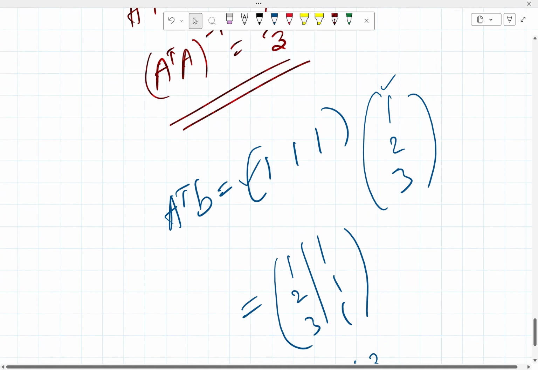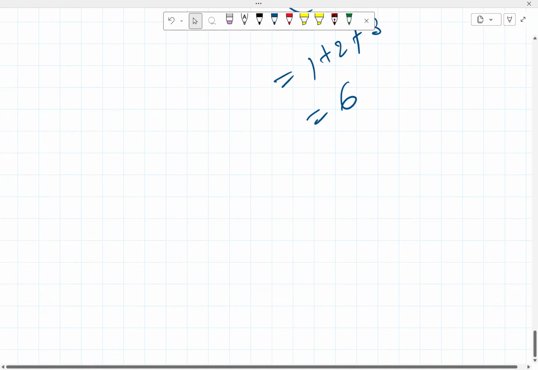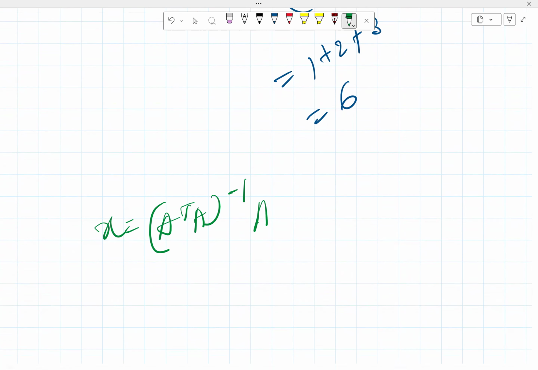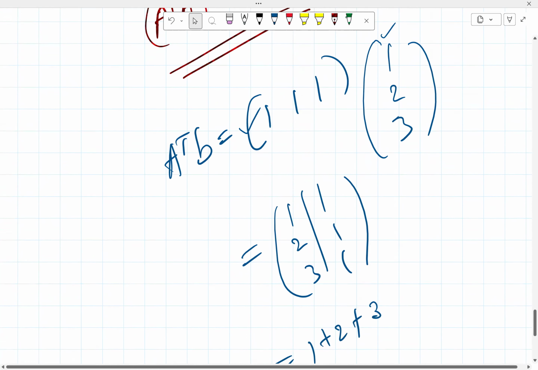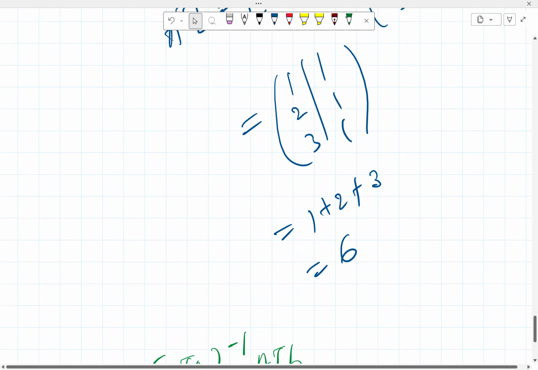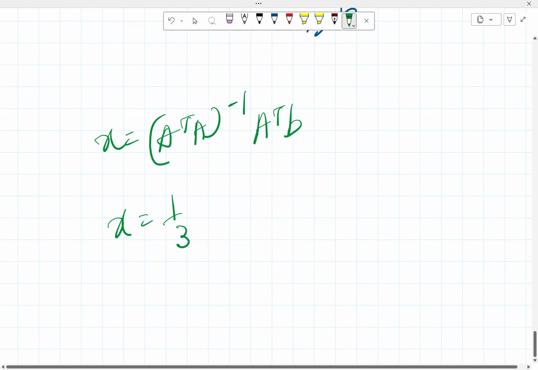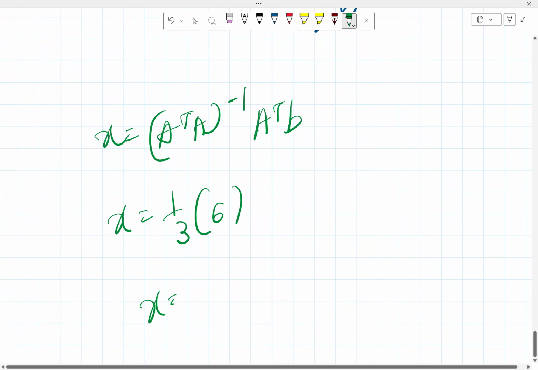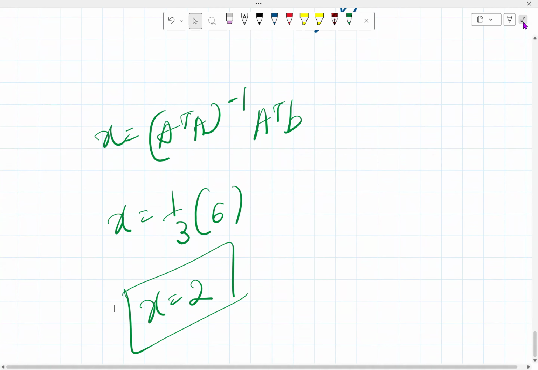With all of this in place, we can go ahead and say X is A transpose A inverse multiplied by A transpose B. So X is equal to A transpose A inverse, and the inverse of 3 is 1 over 3. So we have 1 over 3 times 6, A transpose B. So the best answer in that case is X equals 2, and that's exactly what we have right there.